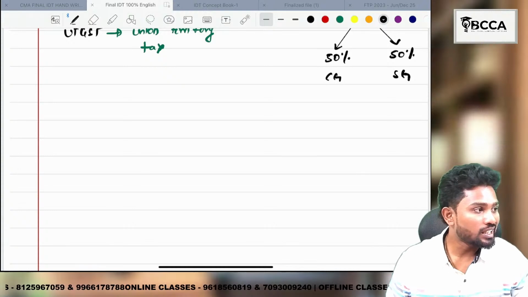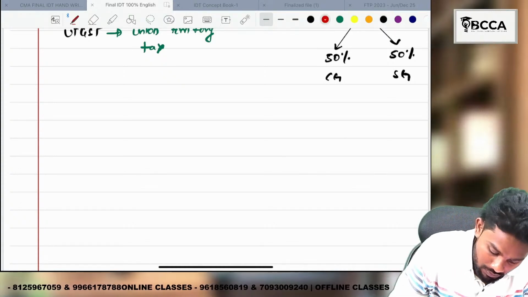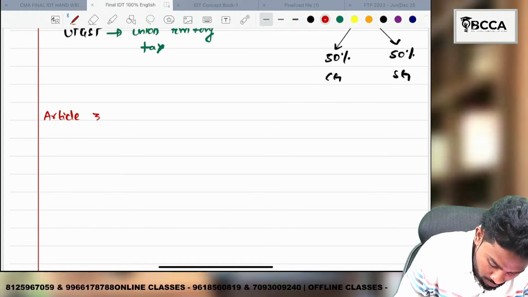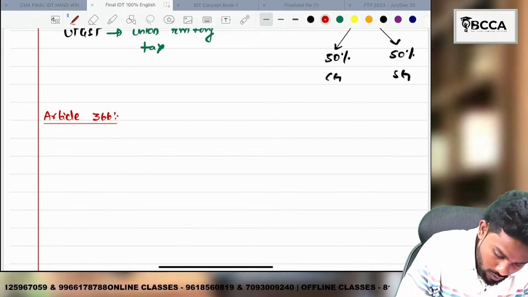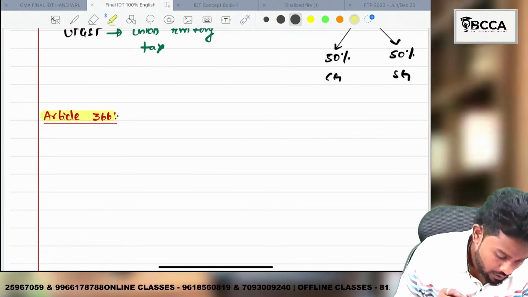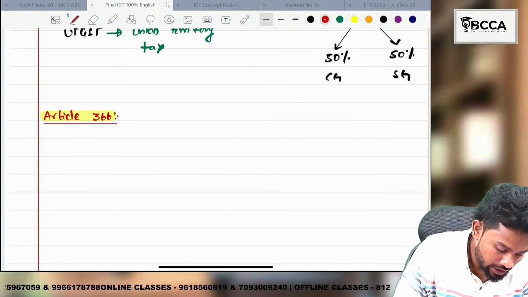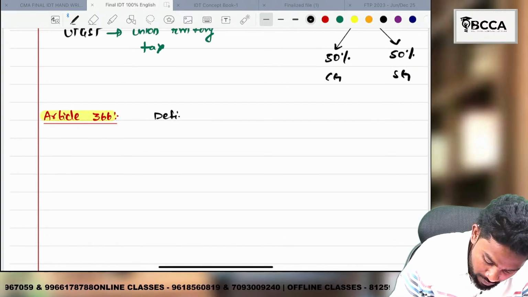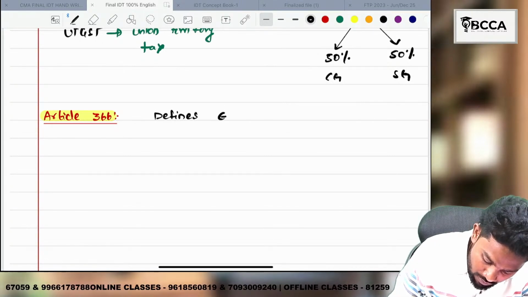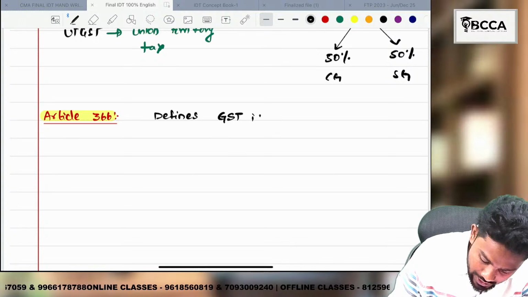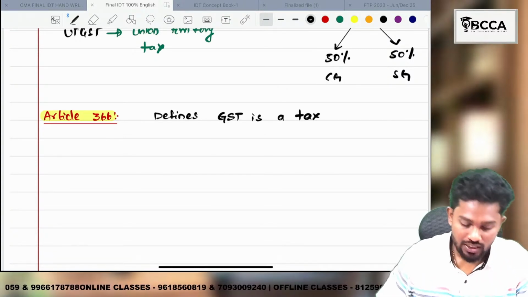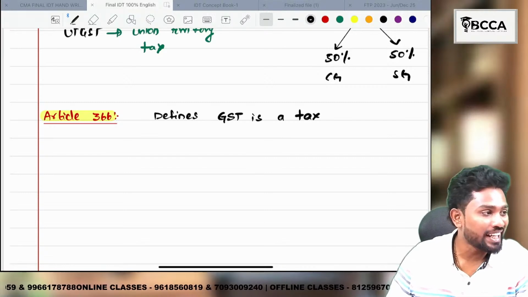Then here, Article 366. Article 366 defines GST as a tax.